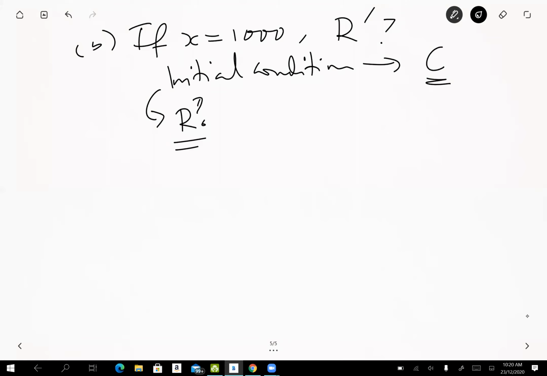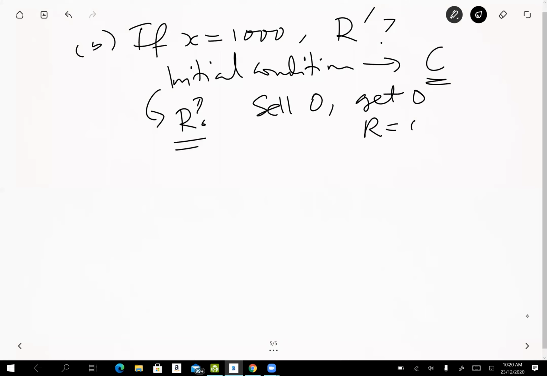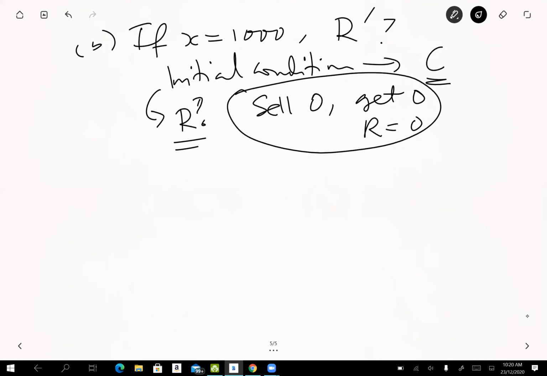At zero. You sell zero, you get zero. That means if I sell zero, your revenue is zero. So that is the common point. For revenue, sometimes it's not given, we know it already.